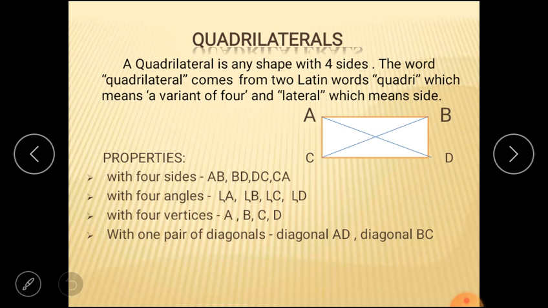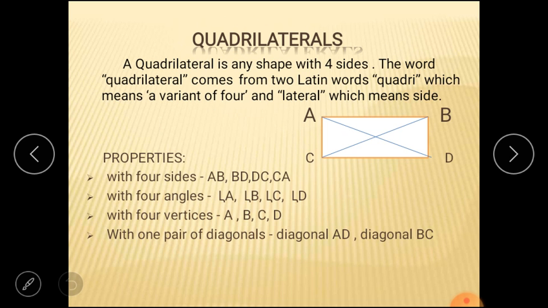Next, 4 angles: angle A, angle B, angle C and angle D. These are all the 4 angles. Next, 4 vertices: the points A, B, C, D. Points are what we call vertices.